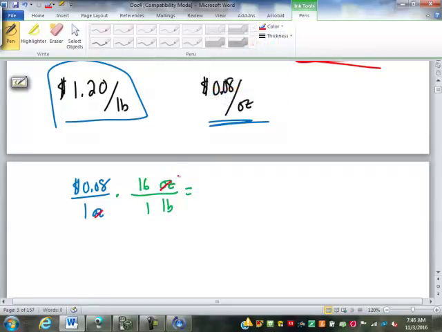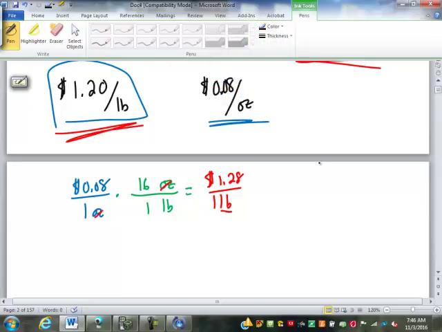The ounces are gone. 0.08 times 16 is $1.28 per pound. It's $1.28 a pound. So this one is definitely cheaper.